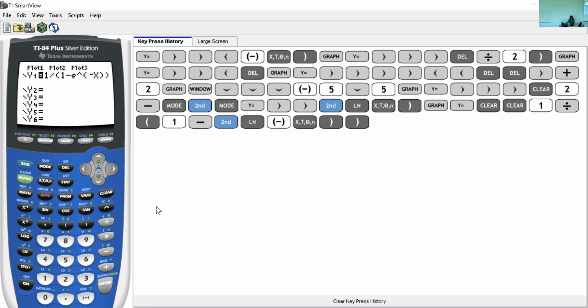Big no-no. Do we have a vertical asymptote? Yes, vertical asymptote at x is equal to 0.